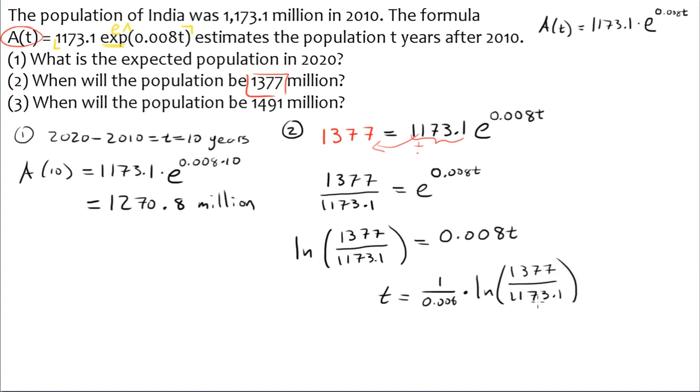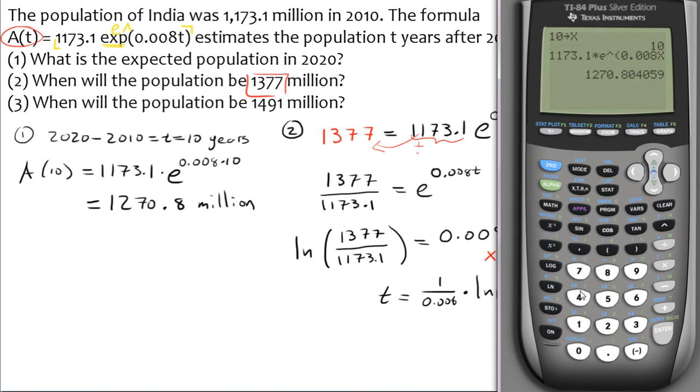All right. And I'm going to have this be x in my calculator because that's the population. So I'm going to stick this into the calculator here. That's 1 divided by, let's store that as x first. 1377, store that as x.